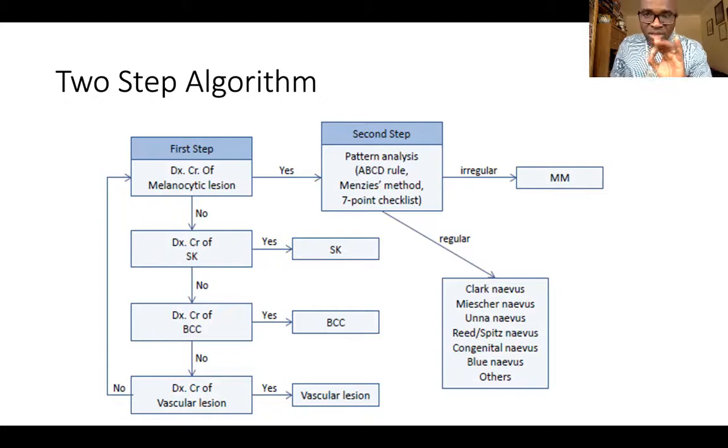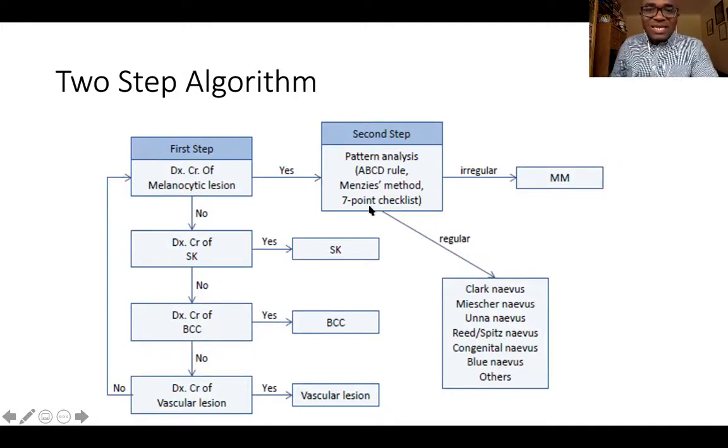Does the pattern give it diagnostic criteria of a regular nevus: Meischer nevus, Unna nevus, Reed nevus, Spitz nevus, congenital nevus, or blue nevus, which are regular?